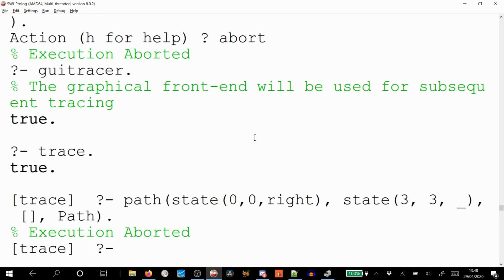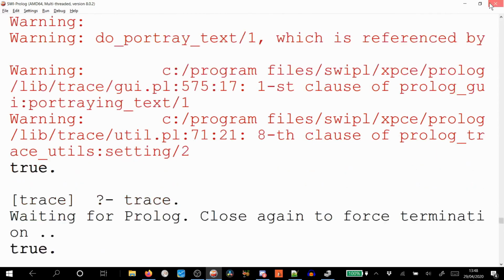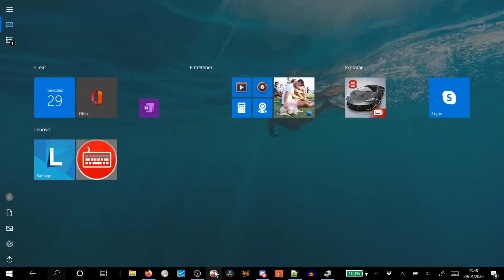Okay, that will be very interesting for you when you are trying to develop your project. Try to execute it step by step. Sometimes it can help you to detect some errors. So okay, nice. Let's close that and open again.